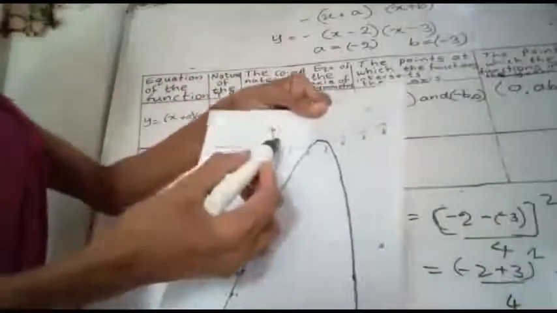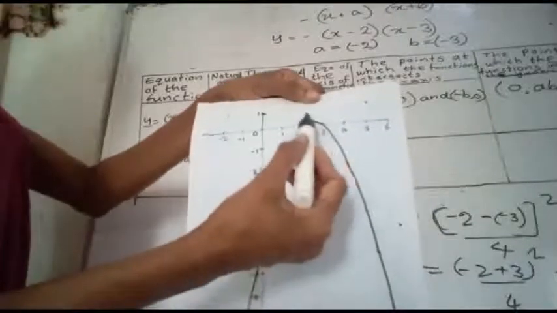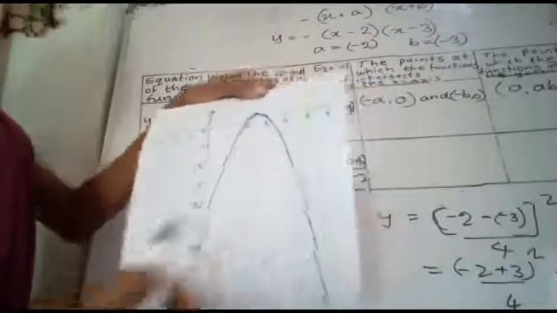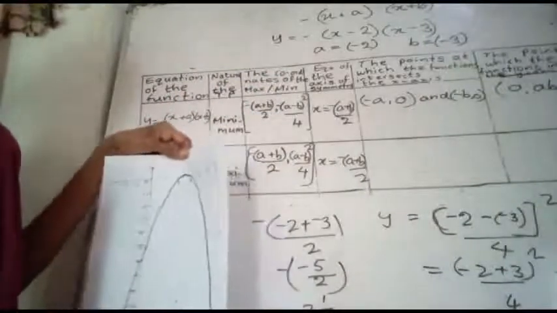Yes, this is 1/4. The y coordinate of the maximum point is 1/4 and the x coordinate is 2.5.